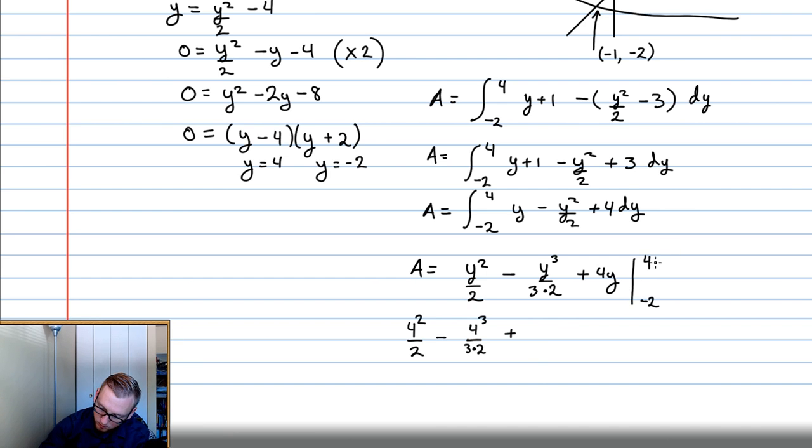Plus 4y, 4 times 4. Now we've got a minus. Minus 2 squared. So that's just 2 squared over 2, minus a minus 2 cubed over 6. And then plus 4 times minus 2.